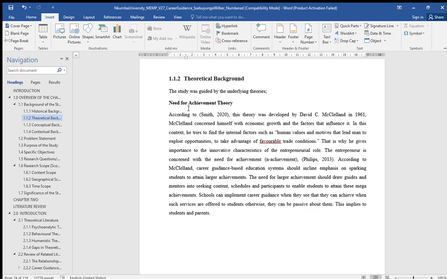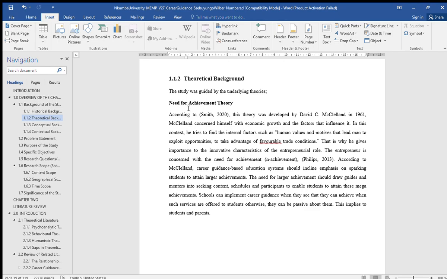McClelland proposed a theory called need for achievement theory, that everyone needs to achieve. So people need to exploit opportunities so that they achieve much more than what they have.